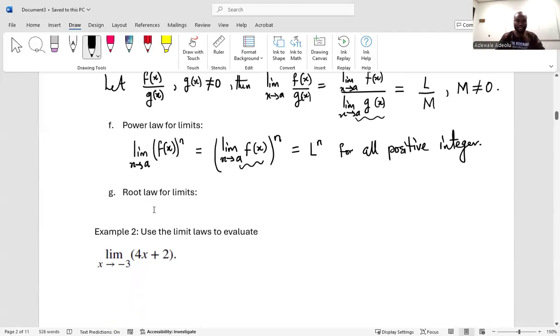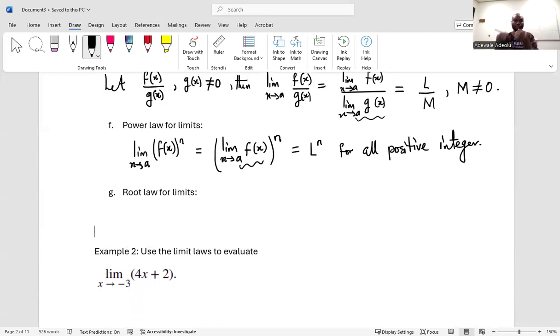Okay, now the last one I'm going to be looking at is the root law for limits. Suppose I have a function f of x, and I'm taking the nth root of f of x. Now, I have the nth root of f of x, and I'm taking the limit as x goes to a.